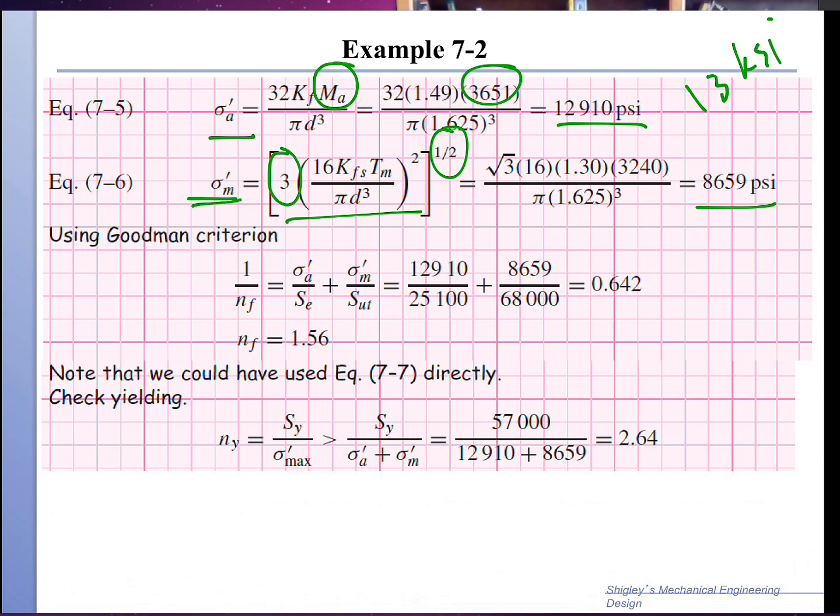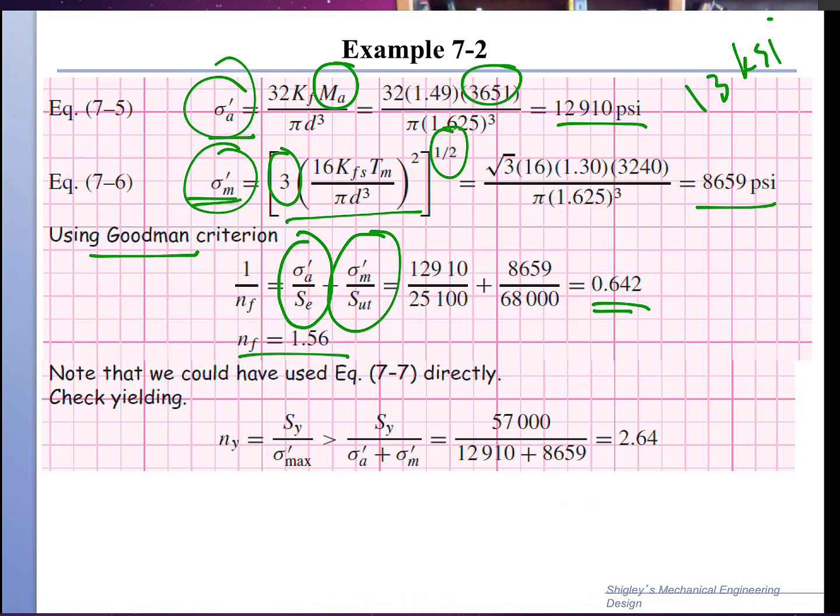So it comes out to be 8.7 KSI. Once I know sigma alternating and sigma mean, and using Goodman is the easiest way, then we calculate sigma alternating over endurance limit plus sigma mean over the ultimate, and that gives us 0.62.